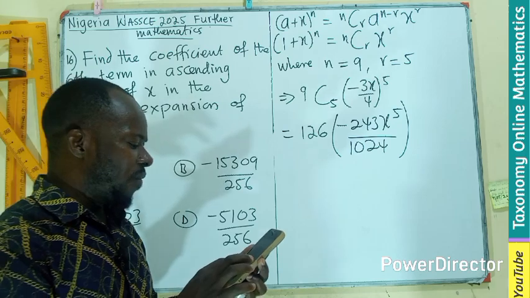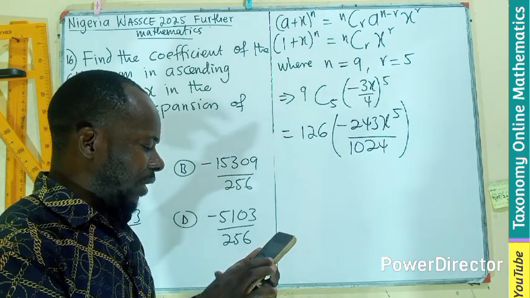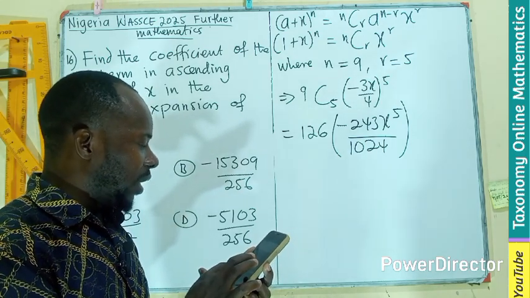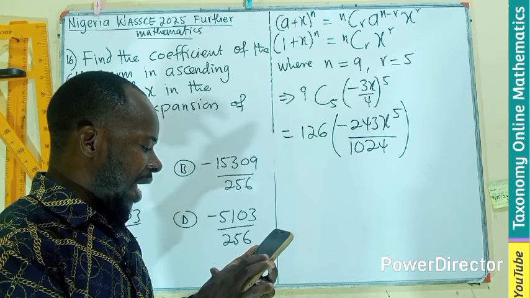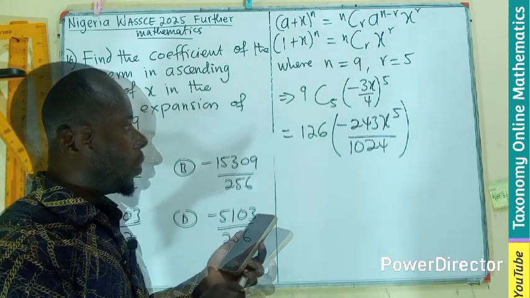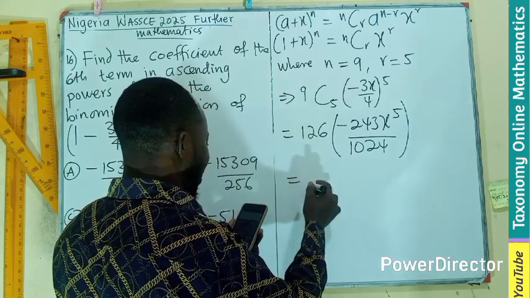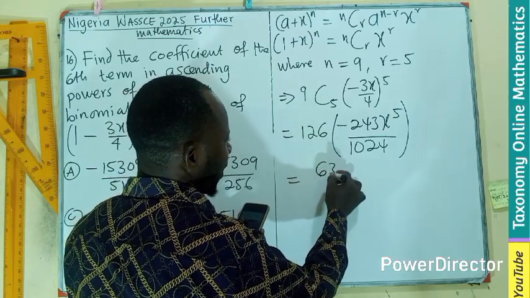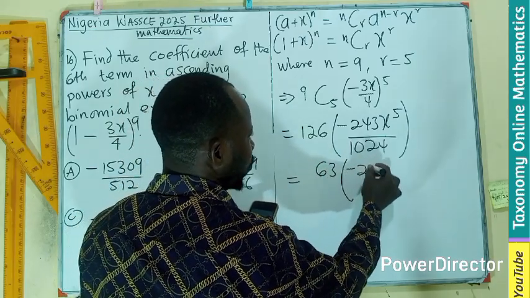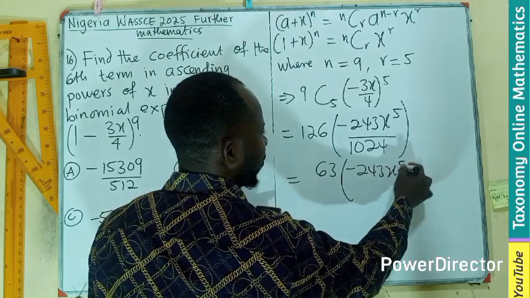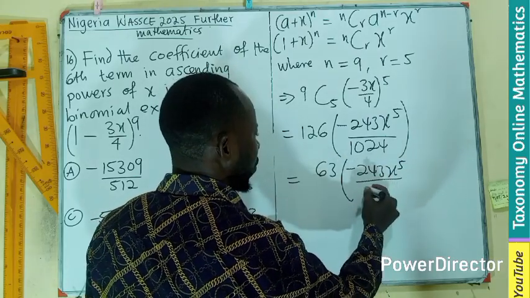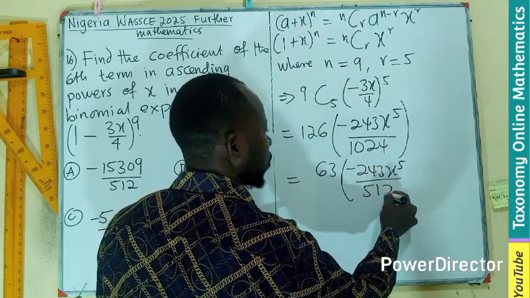Let's see if there's a common factor between 1024 and 126. Good. There is a factor that can divide that and give you 63 here. Then this will give you 512.